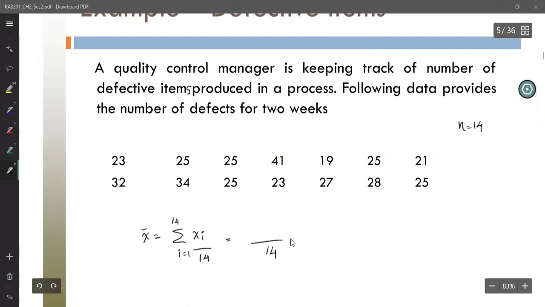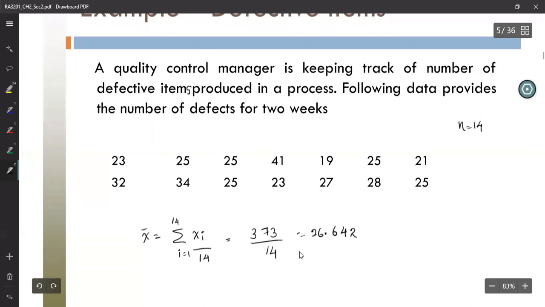When you divide it by 14, you get 26.642, right? Okay, any other answers? Is this correct? The sum is 373. When you divide it by 14, you get the mean or the average number of defects, 26.642. Okay, I guess this is not hard.